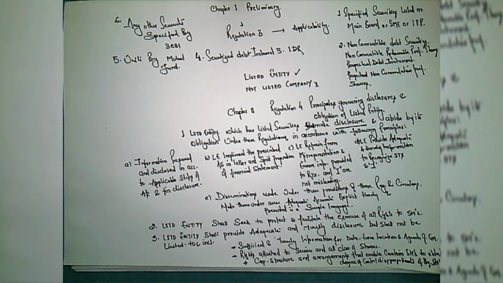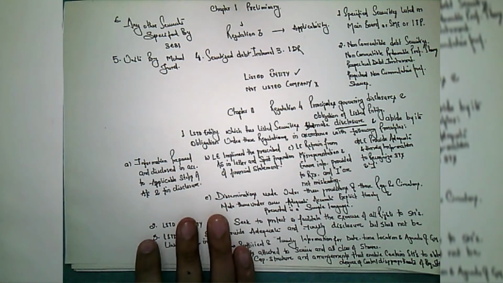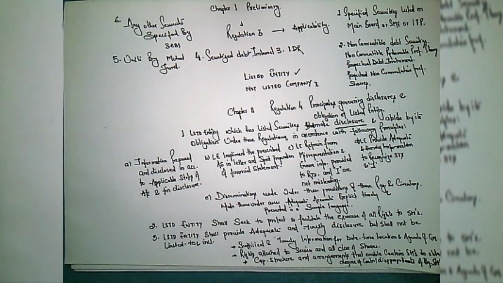That has to be given to the shareholder as well as to the investor with adequate and timely information in accordance with. There are two more principles. I'll try to just wrap up till this chapter 1. Onto the next chapter 2. Onto the next we'll come up with chapter 3 and accordingly.